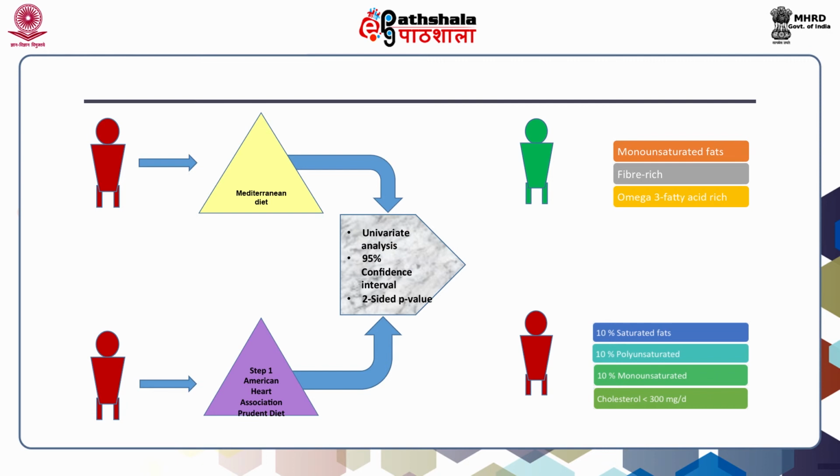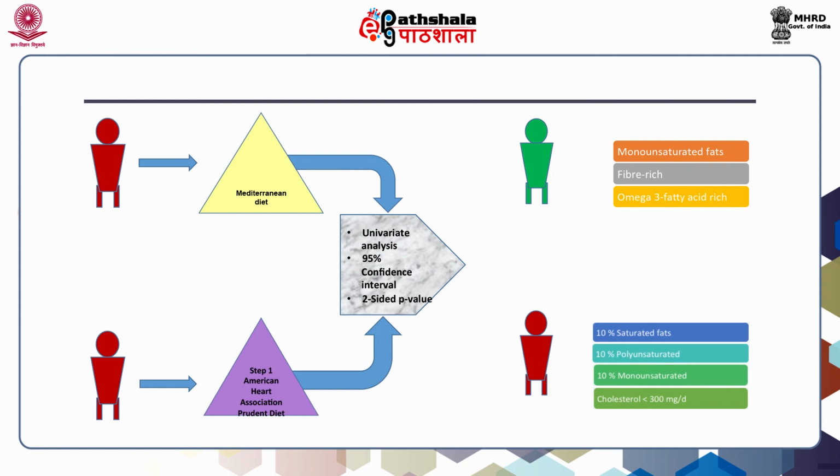Patients in the control group followed the Step 1 diet of the American Heart Association, characterized as 30% of the total energy as fats, 10% saturated, 10% monounsaturated, and 10% polyunsaturated, and cholesterol intake lower than 300 mg per day.